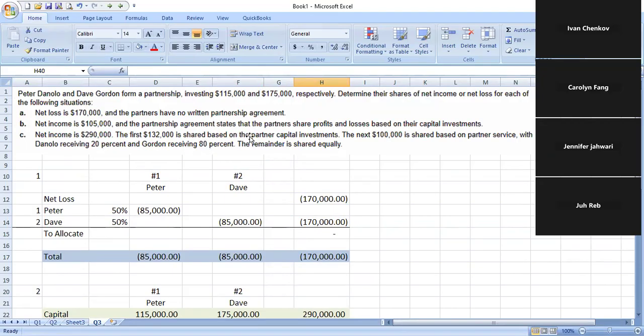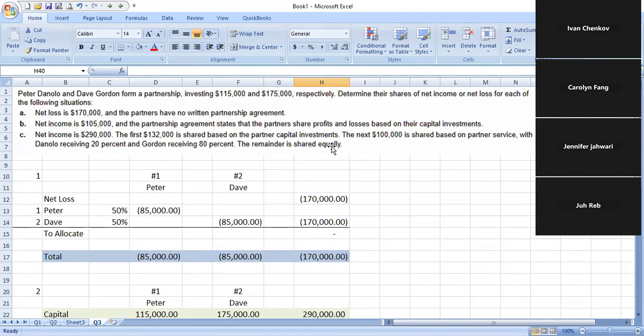First will be based on the partner capital investment. The first 132 is shared based on the partner capital investment. The next 100 is based on the partner services, with Peter receiving 20% and Dave receiving 80%.